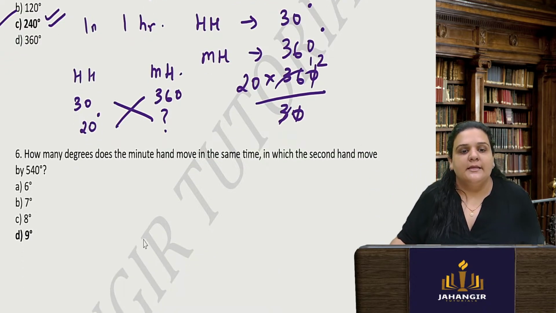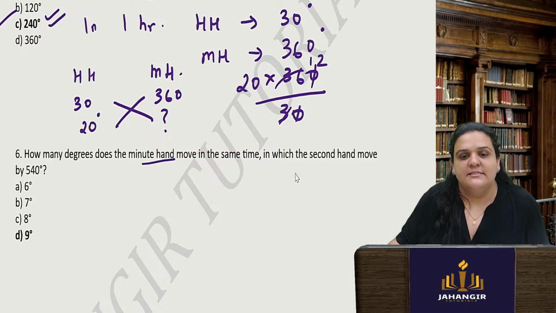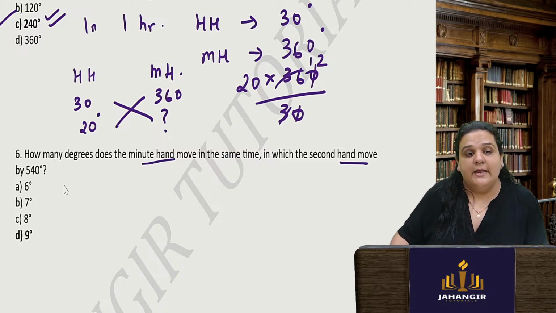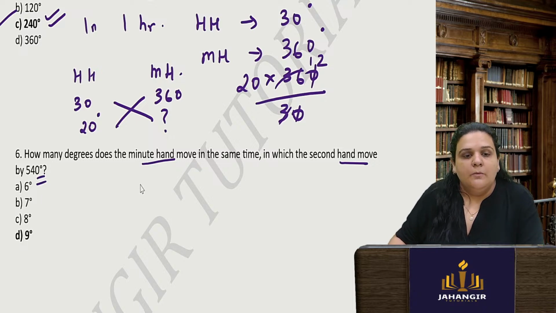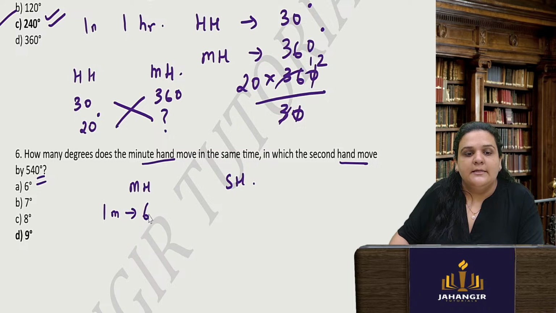Next, how many degrees does the minute hand move in the same time in which the second hand moves by 540? So minute hand and the second hand. Minute hand in 1 minute is moving how many degrees? 6 degrees. 1 minute means nothing but 60 seconds, no?